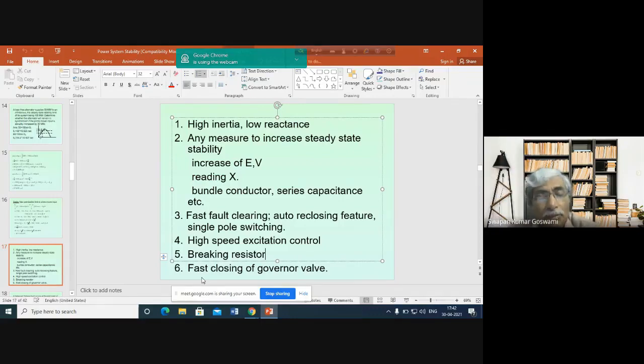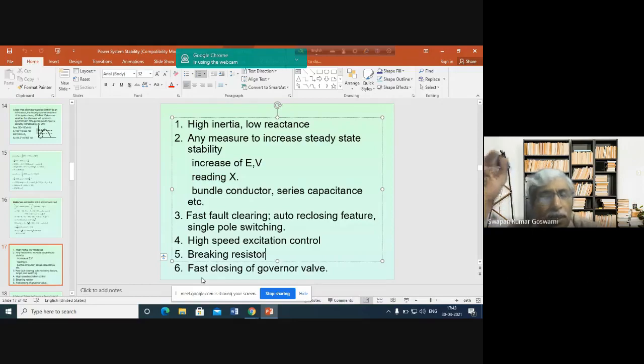But now, if the situation is such that you can reduce the power input to the generator whenever there is a reduction in the power output of the generator because of the fault, when power output from the generator decreases, if you can simultaneously reduce the input power to the generator, then obviously the stability problem will be best managed.